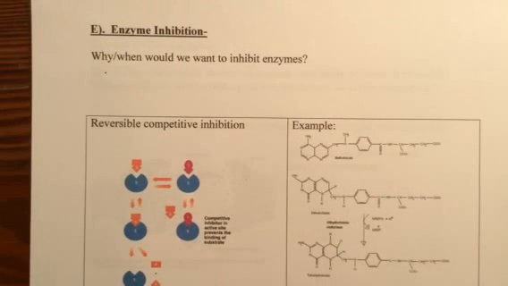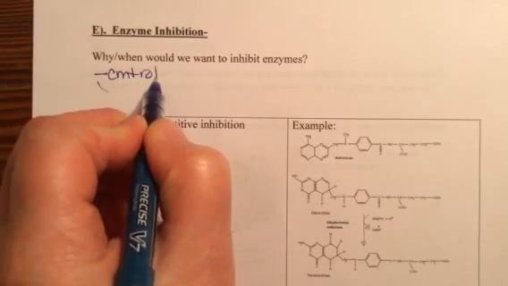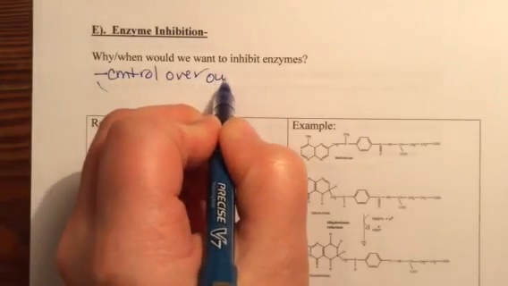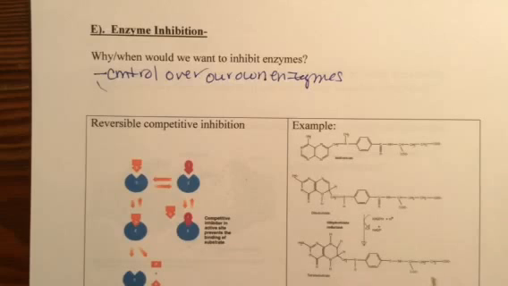Enzyme inhibition. Why and when would we want to inhibit enzymes? Well, as we've seen before, we want to have control over our own enzymes. After all, you don't want trypsin and pepsin, digestive enzymes, to be on all the time. If they were, that would cause those enzymes to basically auto-digest your own tissue.